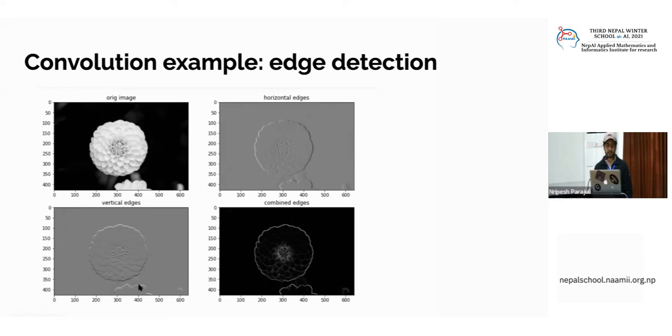And this is just an absolute value summation of the two. Pretty simple stuff, but as you can see, you get a pretty nice outline of the flower. And this could be pretty useful for the networks and other purposes. Any questions on these convolution things? We've already talked about it quite a bit, so I hope you're pretty good by this point.